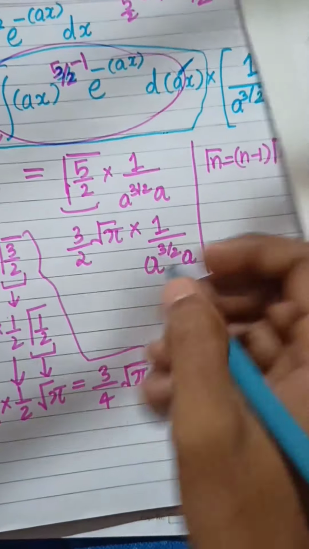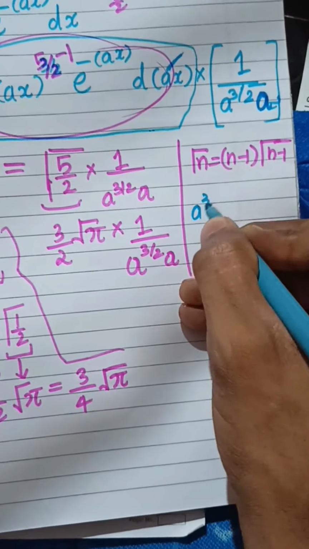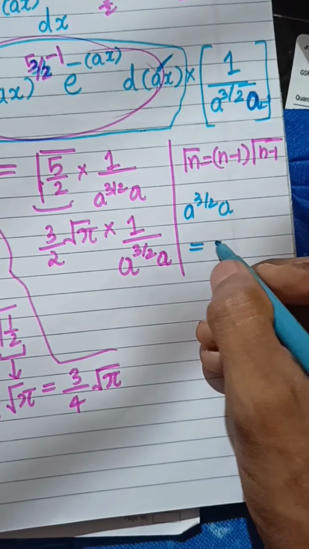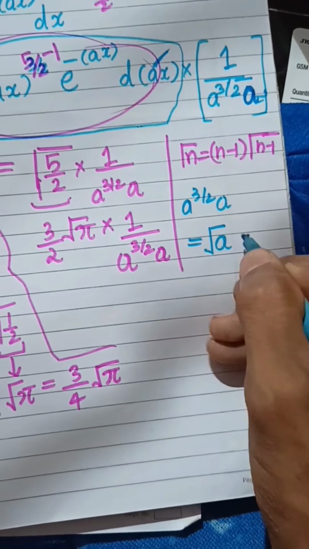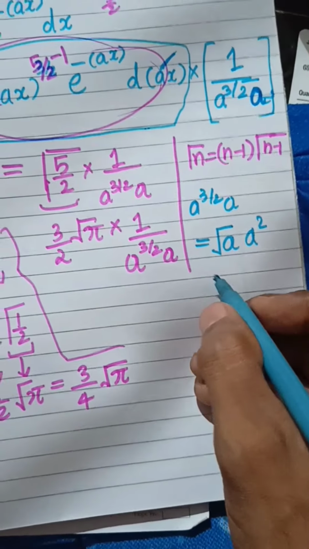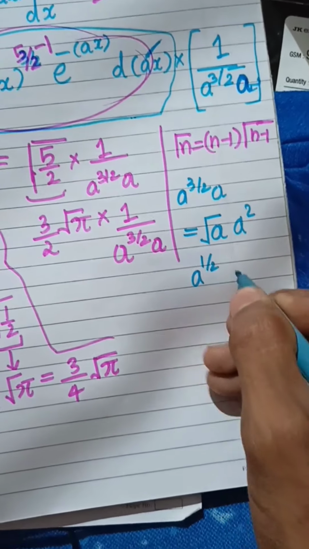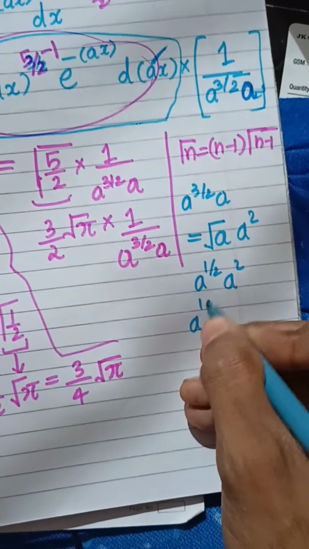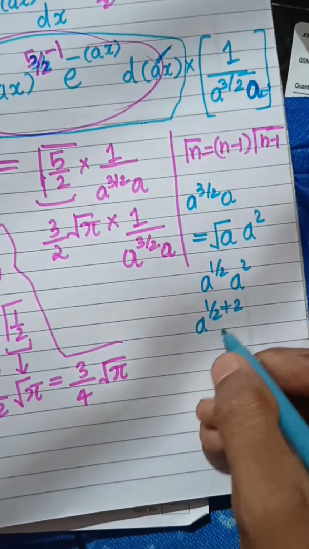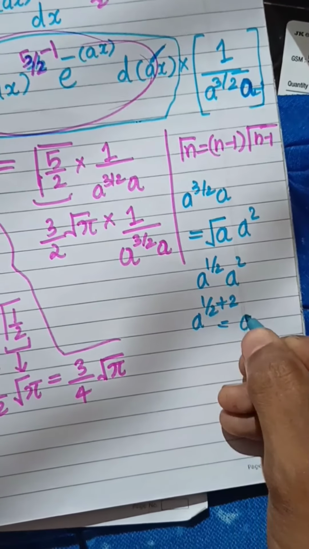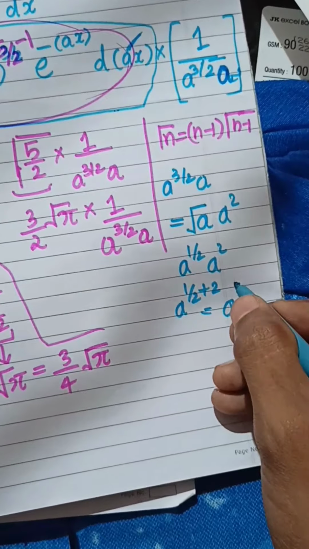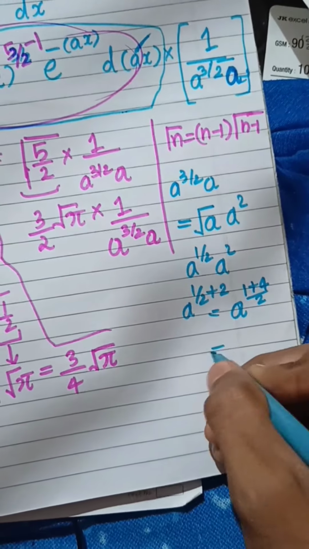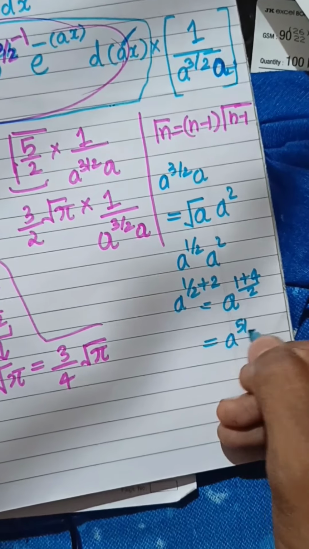I can write this a to the power 3 by 2 times a as root a times a square, because root a is equal to a to the power 1 by 2 and a square, that is a to the power 1 by 2 plus 2, which is equal to a to the power 1 plus 4 over 2, which is equal to a to the power 5 by 2.